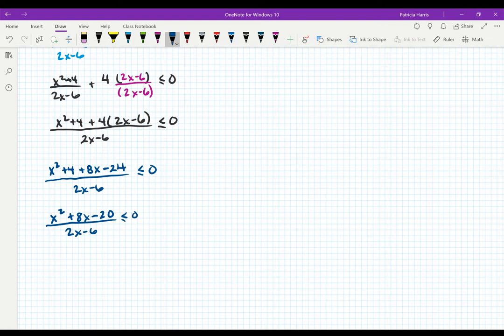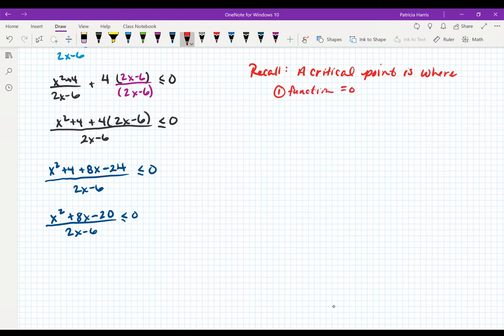Okay, so I need you to remember something from last time. A critical point is where the function equals 0, or in this case, the numerator equals 0.